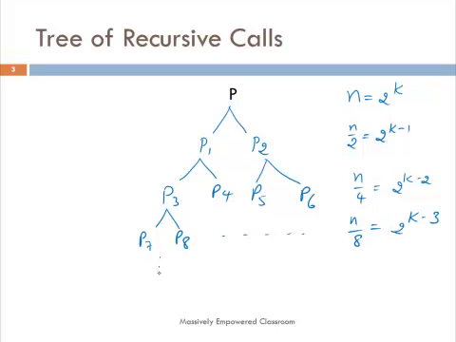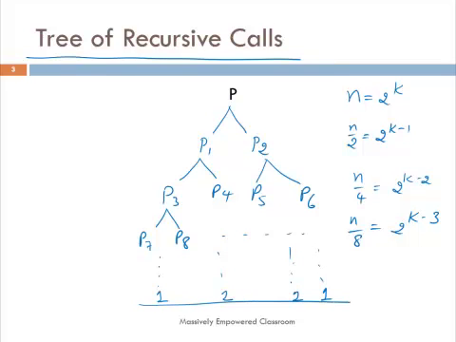So when will this stop? These recursive calls give you a tree of recursive calls, and this stops when the problems become of a small size, let's say size 1. In that case, we don't need to divide them anymore, and we simply solve those problems. The interesting thing to note in this recursive tree is the height of the tree.